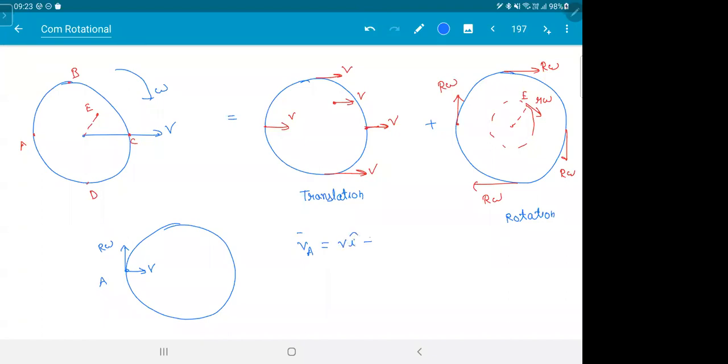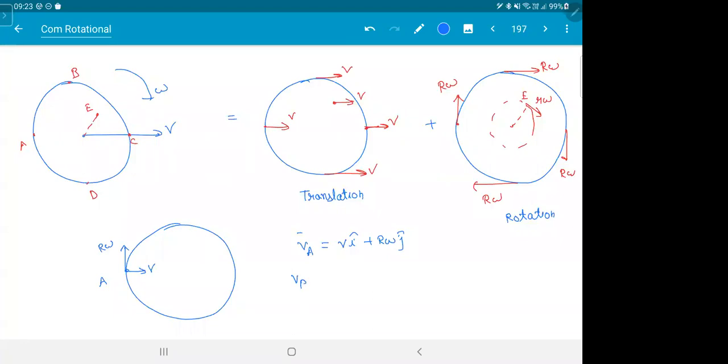V i cap plus R omega j cap. Does this make sense? If you see now, we did nothing new actually. We did something like this in projectile motion, if you remember. Particle is projected with u and theta. Remember, we divided the motion into vertical and horizontal. This used to give Vx and this used to give Vy. And afterwards we used to add them vectorially. We are doing something similar, but for translation and rotation.